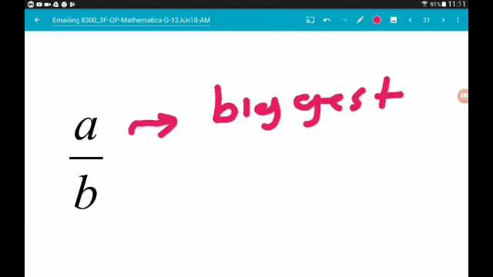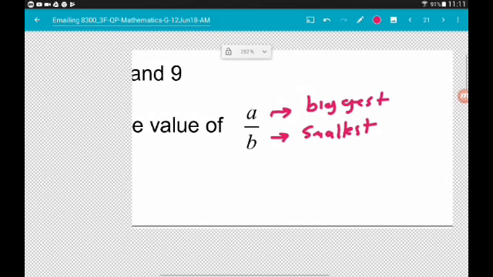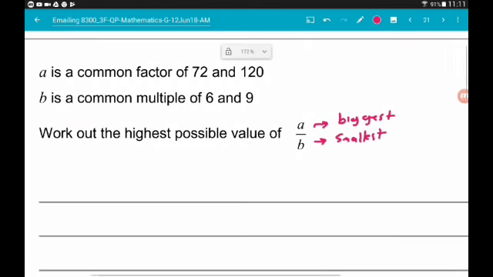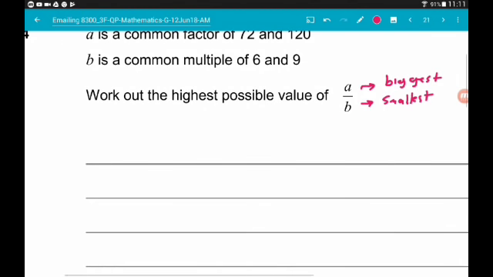So we want the biggest value of A, and we're going to want the smallest value of B. So what we want to find then is the highest common factor of 72 and 120, and the lowest common multiple of 6 and 9.